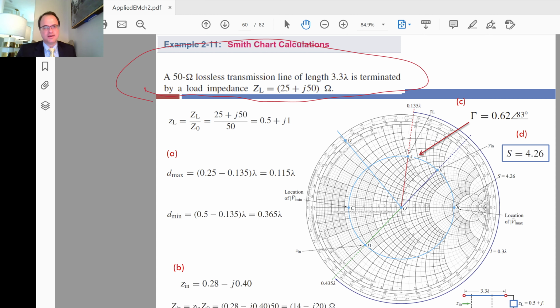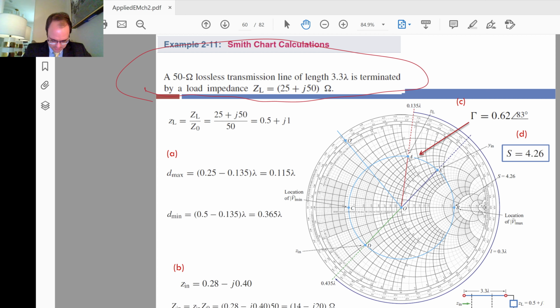Now, for part A, what they want is to use the Smith chart to find the voltage reflection coefficient, first of all right at the load. We can just focus on that for right now. When we get to B, I'll read what they want from B. From A, they want the voltage reflection coefficient.